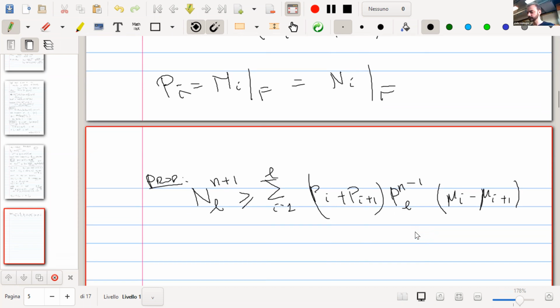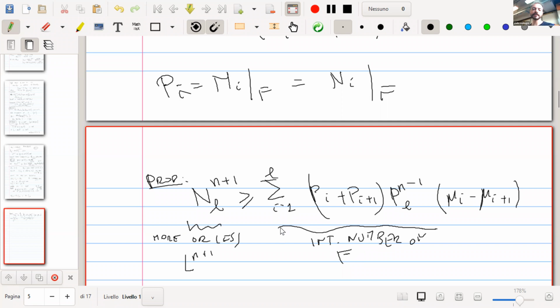What is this? If you look at it on this side, you have more or less L to the n plus 1. So this was the guy we want to lower bound. So that's good. Here you have an intersection number on F, so that's something that lives just on the general fiber.